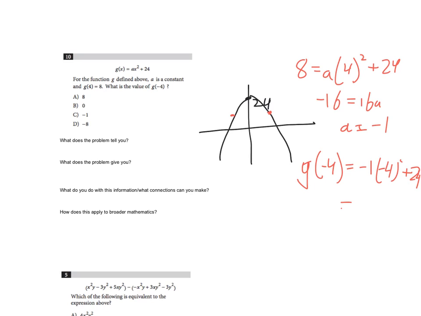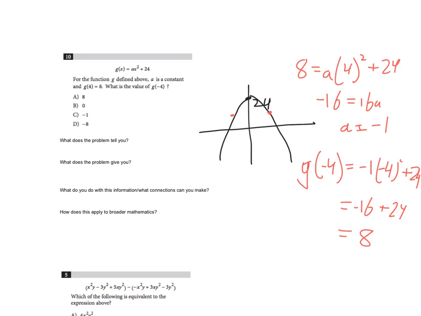Ooh, that's going to be positive 16. Ooh, negative 16. Watch my order of operations. Negative 4 squared is 16 times negative 1, plus 24 equals 8.